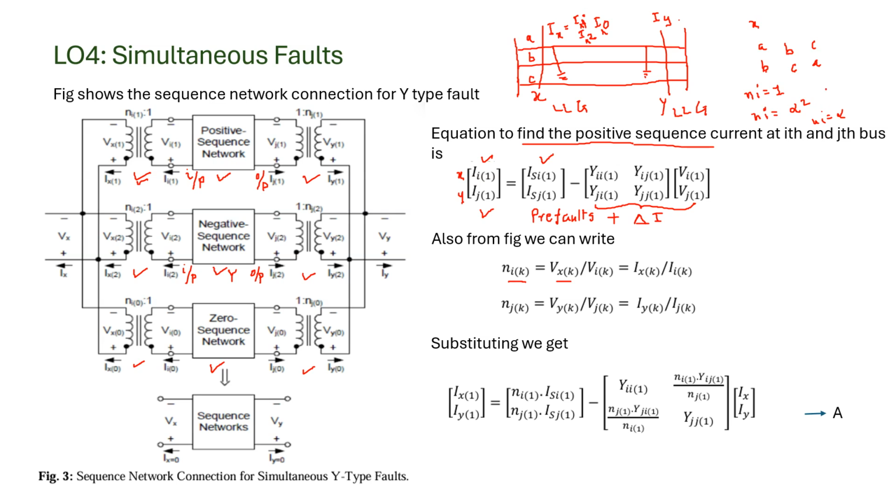What is alpha here? Alpha is the vector 1 at an angle of 120. Similarly, there is a transformation ratio for the fault taken at the Y location.